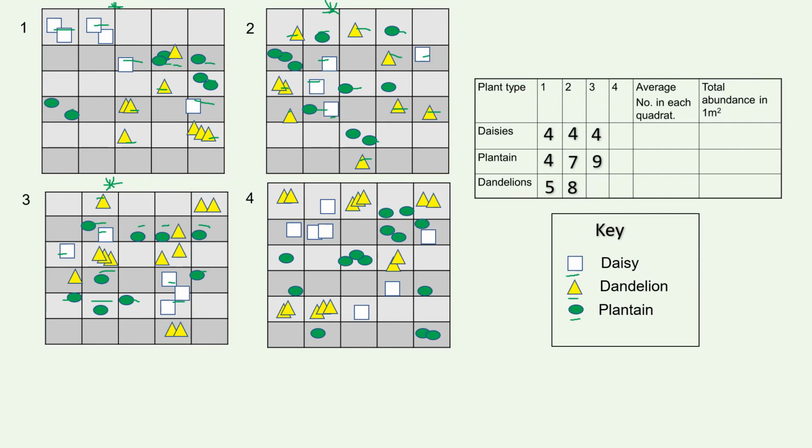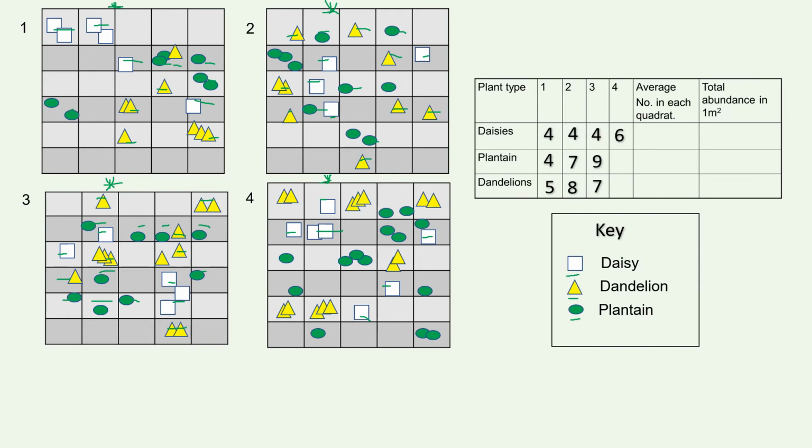And for dandelions, 1, 2, 3, 4, 5, 6, 7. And then last one, number 4. So for daisies, 1, 2, 3, 4, 5, 6.